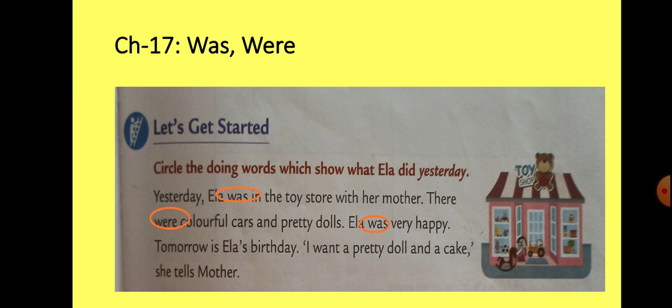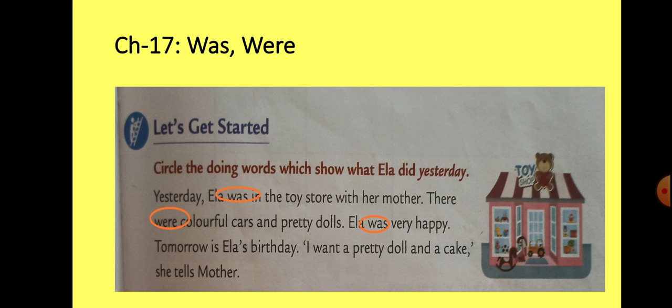So we will not circle is. I want a pretty doll and a cake, she tells mother. So in this only was and were talk about the past. So circle all those words.